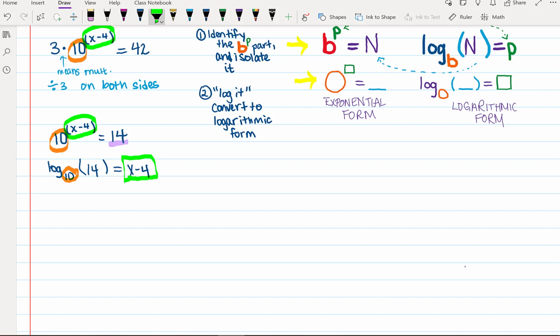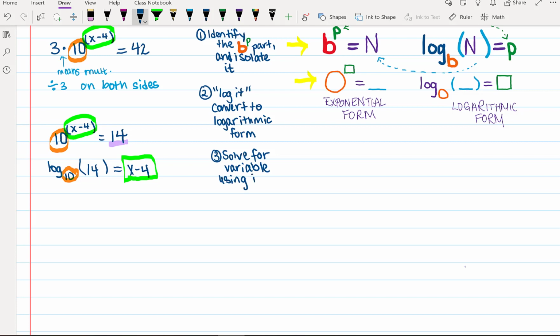Remember, this expression log base 10 of 14 is a number. It's a number that I can compute, especially in this case, since log base 10 is a button on my calculator, the log button. So last but not least, the third step is now to isolate the variable, or solve for the variable, using our basic algebraic inverse operations.